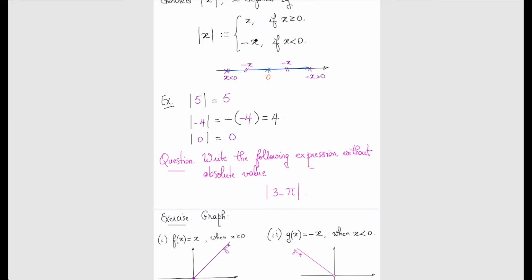And now, who's this function? Right there. This function, when x is negative, this function is g of x. So it has this pink graph. Correct? So who's the absolute value function then? It's both of these. It's the purple and the pink, right?